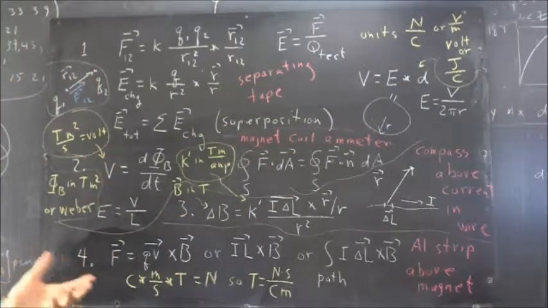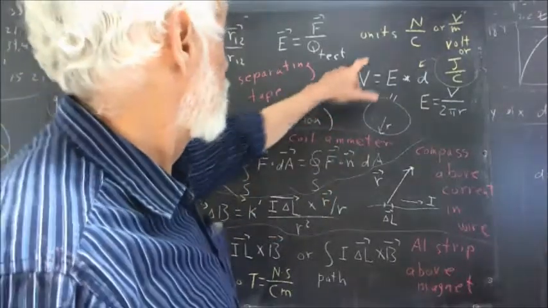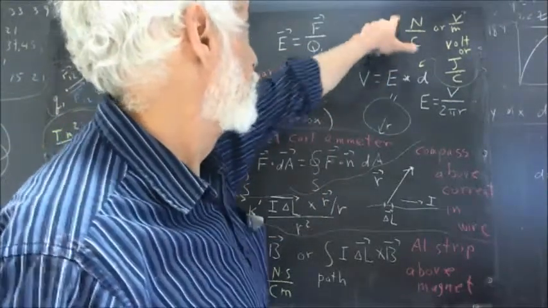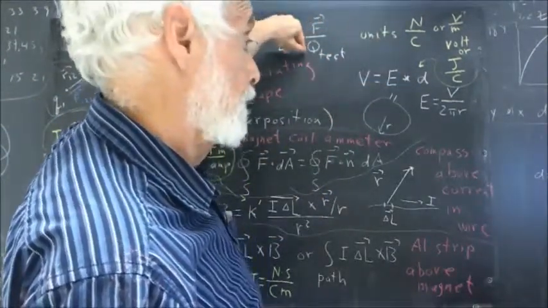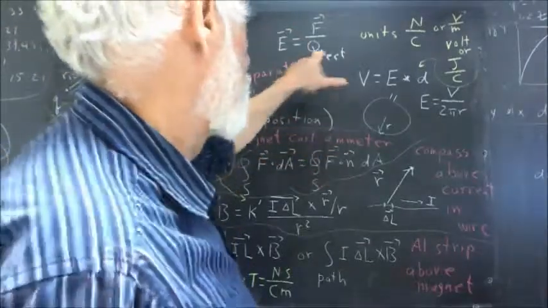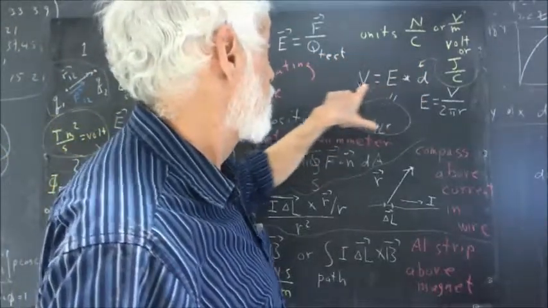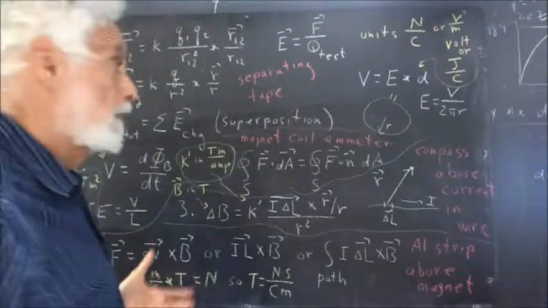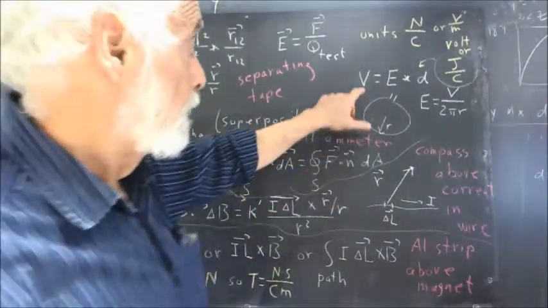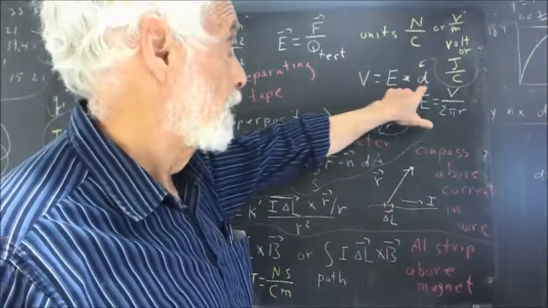The units of the electric field are newtons per coulomb. Newtons for force, coulombs for the charge. The other definition that's relevant here is that voltage is electric field times distance.